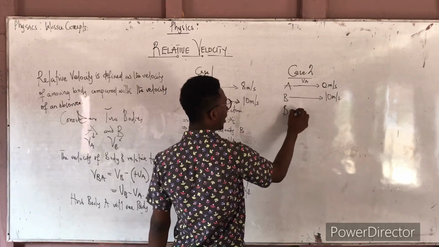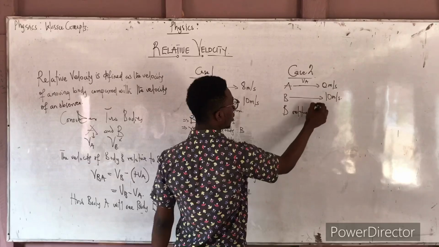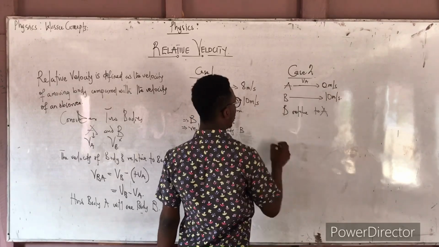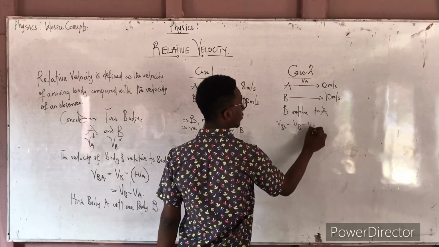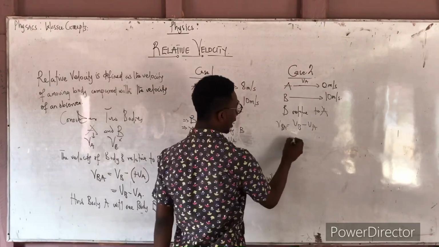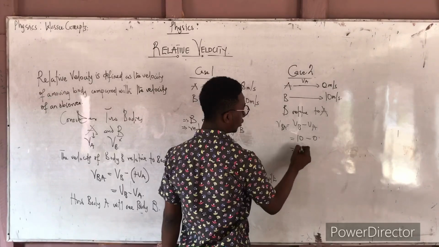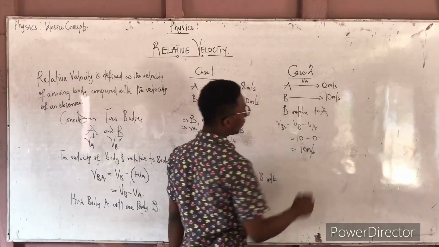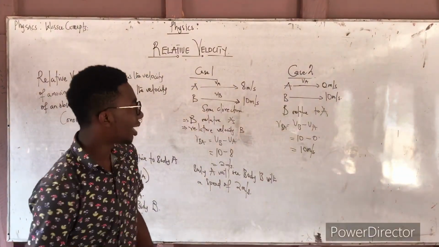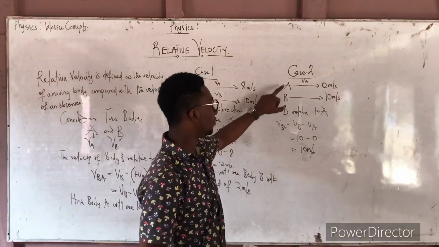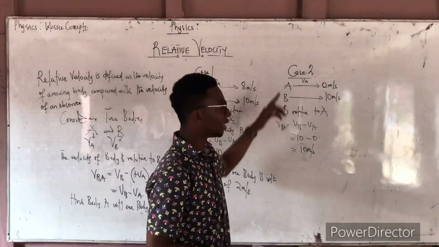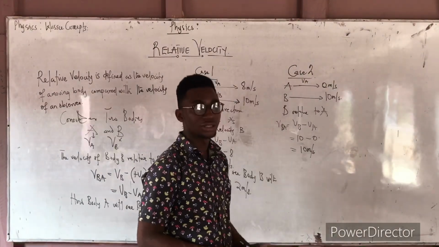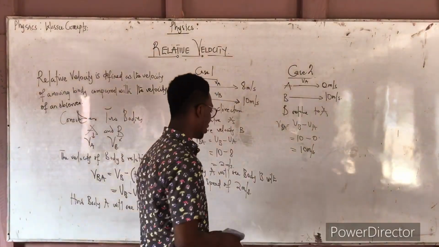So B relative to A, VBA, is VB minus VA, which gives 10 minus 0, equal to 10 meters per second. So you realize that body A will see body B with its exact velocity. When it's stationary, you see the exact velocity body B is moving with.